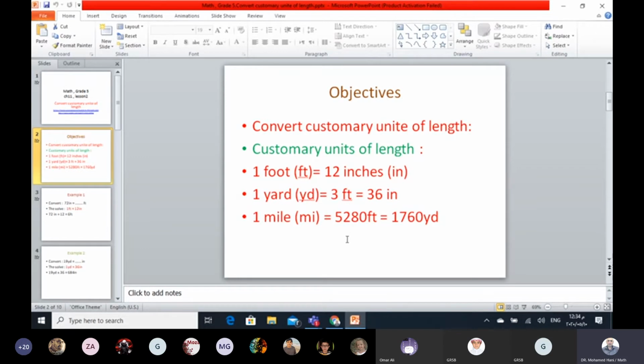Remember, when you want to convert from a big unit to a small unit, multiply. When you want to convert from a small unit to a big unit, divide.